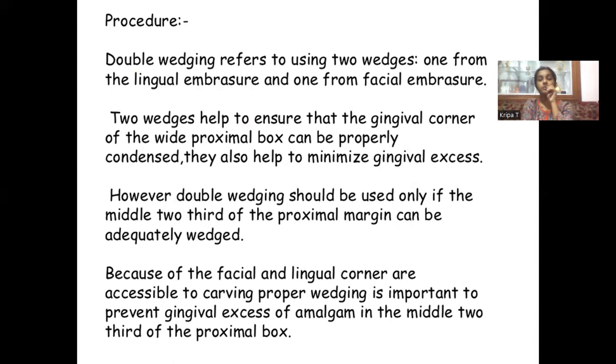However, double wedging should be used only if the middle two-thirds of the proximal margin can be adequately wedged. Because the facial and lingual corners are accessible to carving, proper wedging is important to prevent any excess of amalgam in the middle two-thirds of the proximal box.